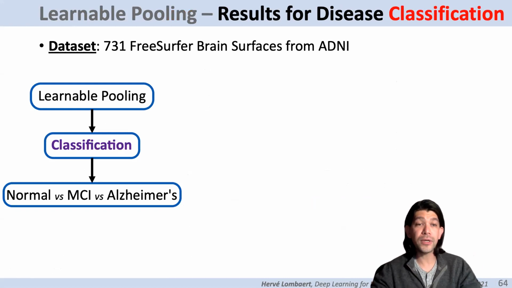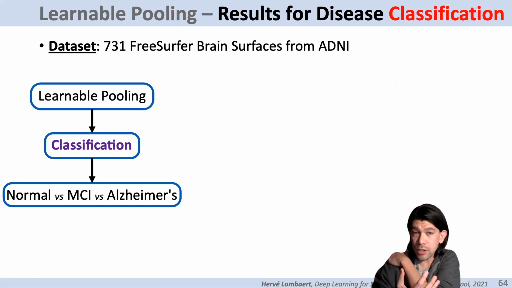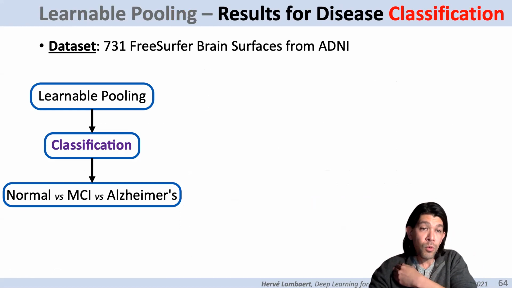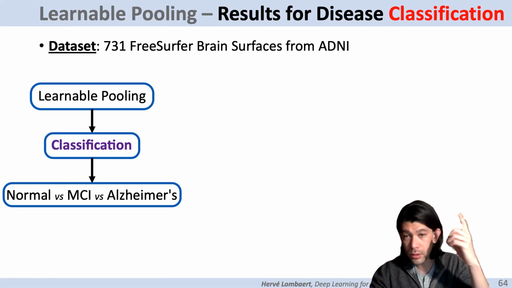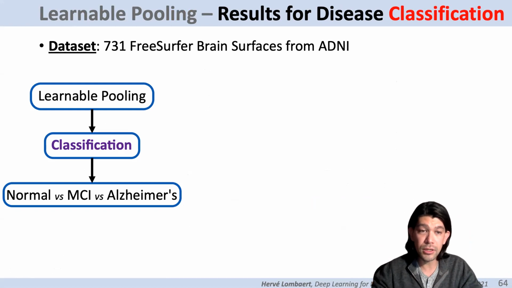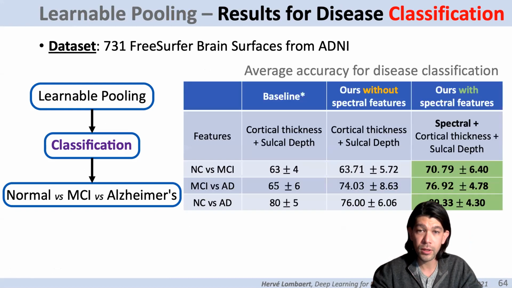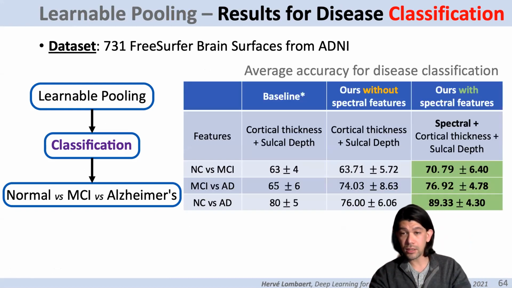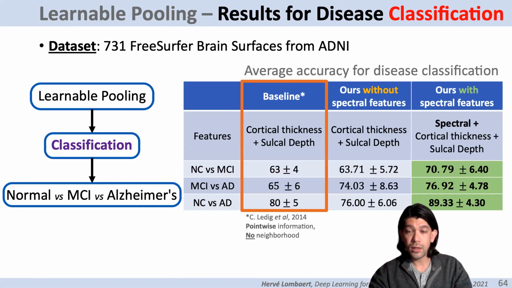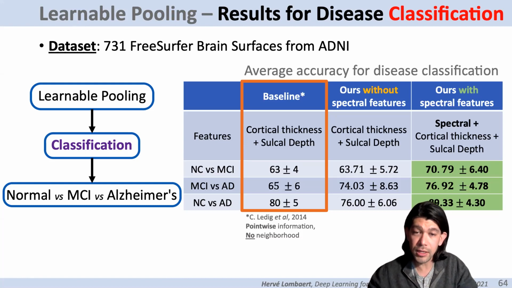We try a classification now, just to make sure we're not doing something completely random as well. We want to classify each brain into 3 categories: normal, mild cognitive impairment, and Alzheimer's disease subjects. We chose this baseline because it used only pointwise information, no neighborhood information at all.